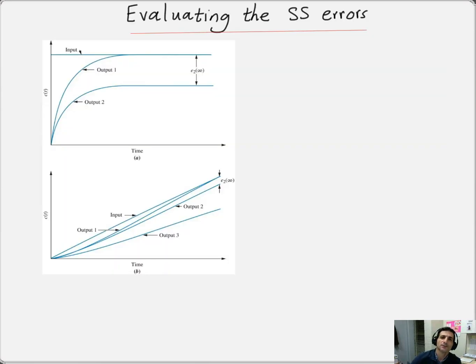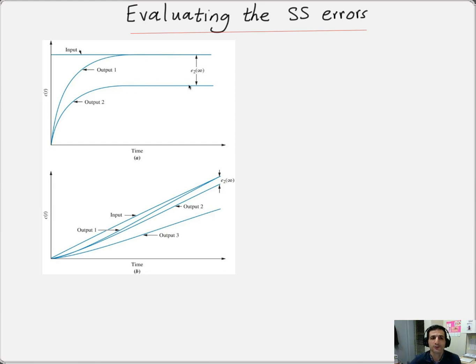Now in this slide, you see how to evaluate the steady state error. For example, consider a step input as a test function, and let's say you have 2 different outputs coming from 2 different systems. Output 1 eventually reaches the same desired input, and therefore your steady state error is going to be 0, because the difference between output 1 and the input, when it gets to steady state, is going to be 0.